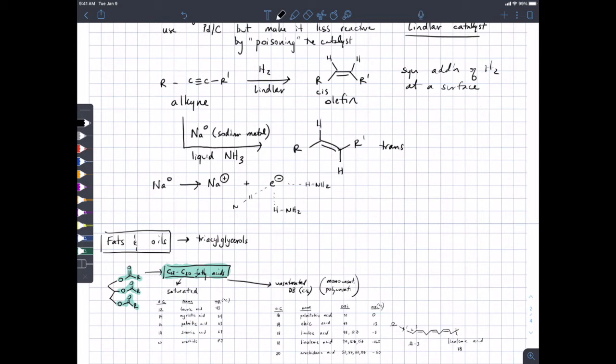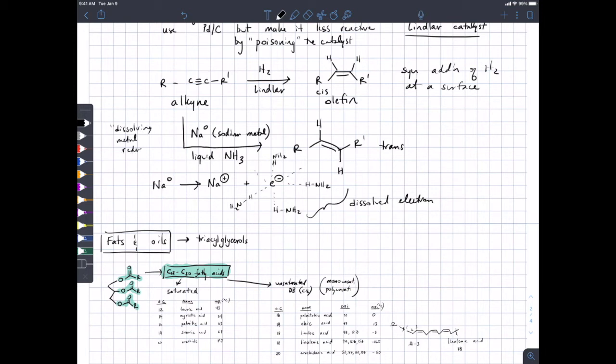What I'm drawing here is probably not completely accurate, but I want to give you the idea that that single electron is actually shared with and delocalized over many ammonia molecules. And we call this a dissolved electron. Didn't know you could do that. And you didn't know that the color of a dissolved electron was blue, but it is. It's kind of cool. Some people call this the dissolving metal reduction.